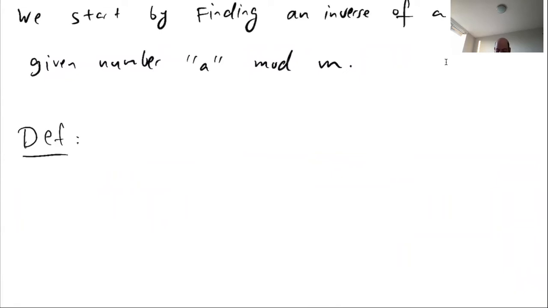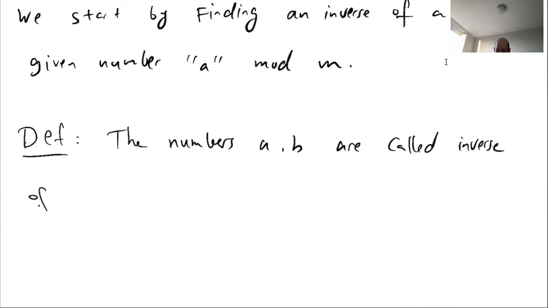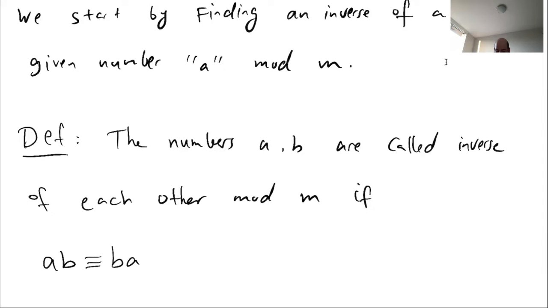The numbers A and B are called inverse of each other mod M if AB equals BA equals 1 mod M. Or, if AB is 1 mod M, of course BA is also 1 mod M, because AB is always equal to BA.